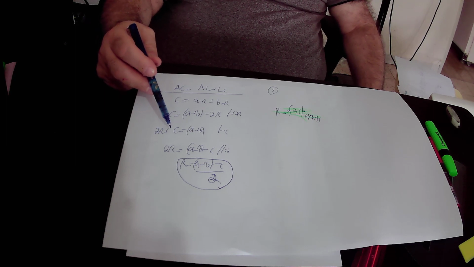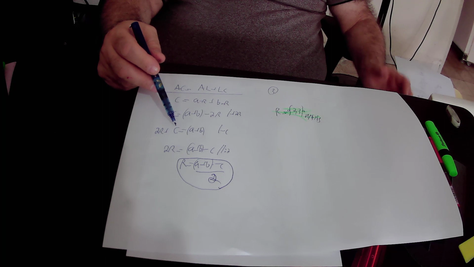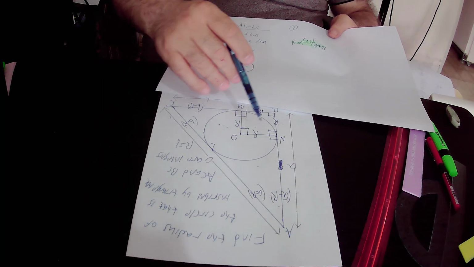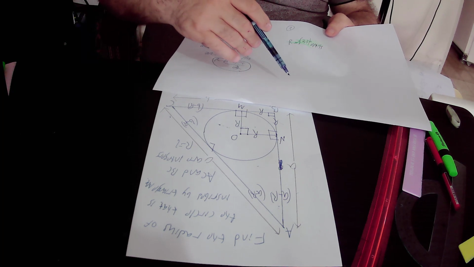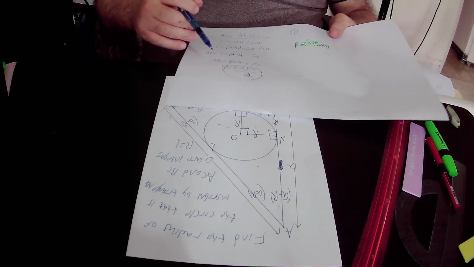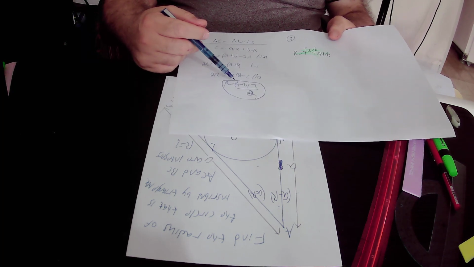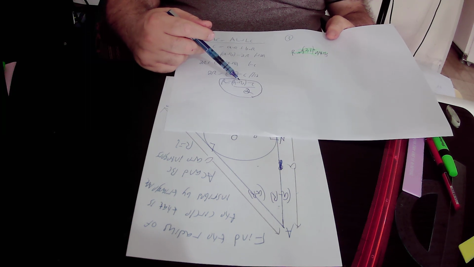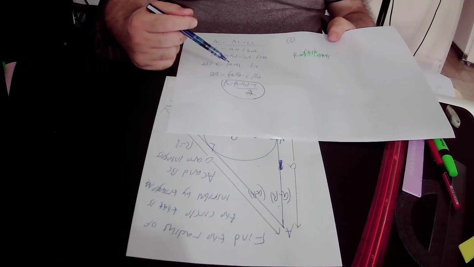We divided this equation by 2 and found out that the radius that we are looking for, the radius of this circle that is inscribed in any right triangle, is equal to A plus B, that is the sum of the perpendiculars, minus C, that is the hypotenuse, over 2.